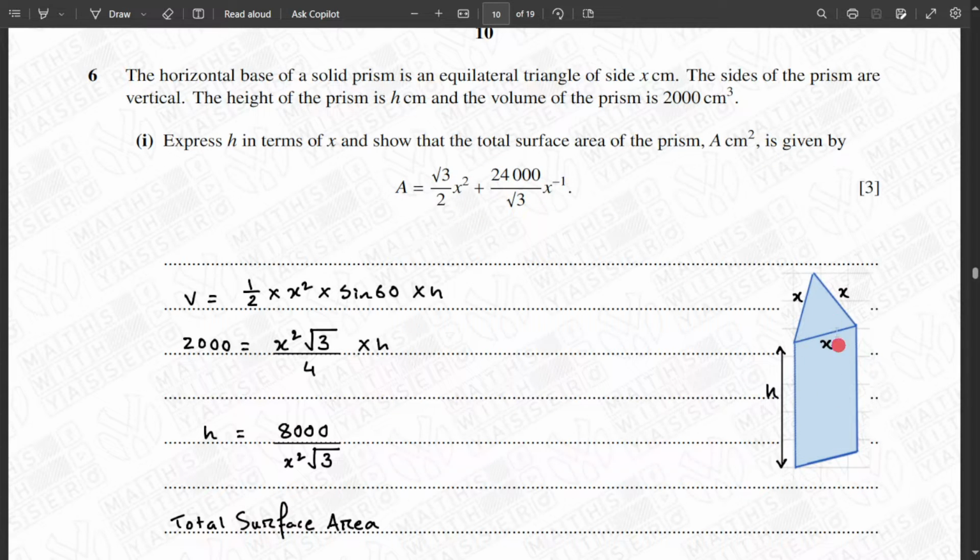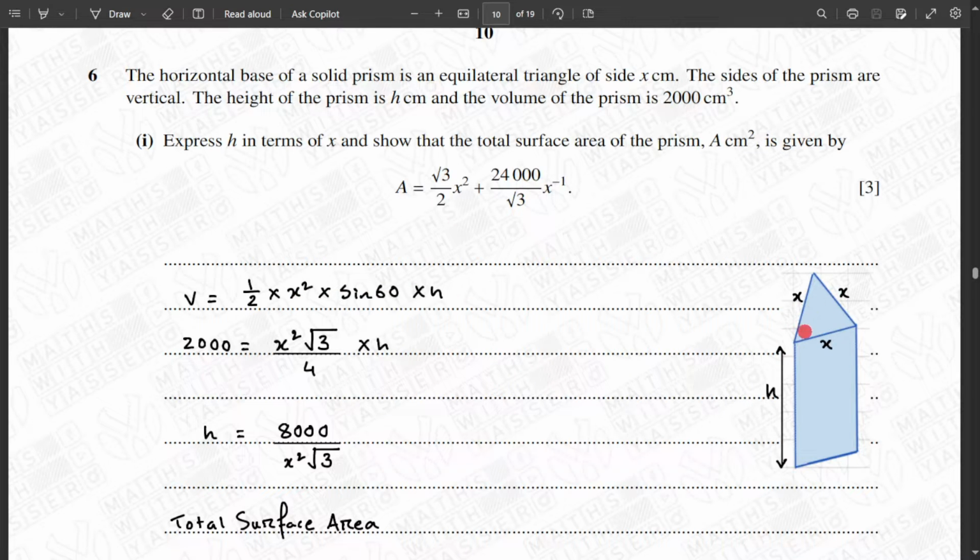So this is a diagram for the question where we have an equilateral triangle as the base, and this will be the same at the top as well, and this is the height of the prism. So we know that volume of a prism is the cross-sectional area times the height.